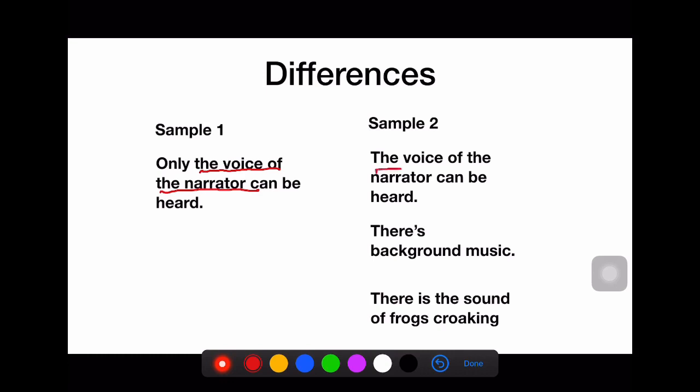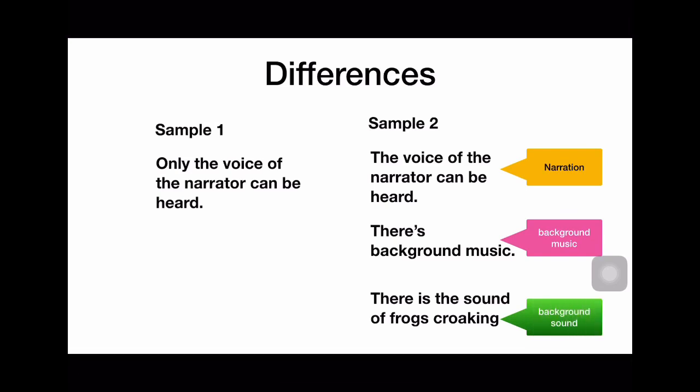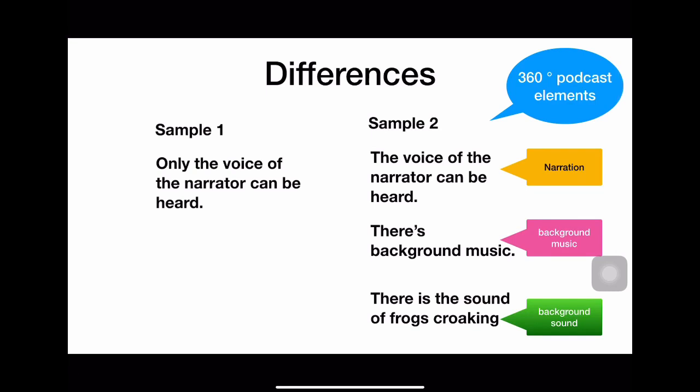One is the voice of the narrator, the next one is background music, and the other one is the sound of frogs croaking. So the first element is narration, the second element is the background music, and the third element is the background sound. When you have all these three elements, this is what we call a 360 degrees podcast.